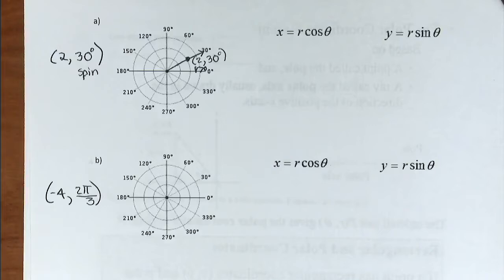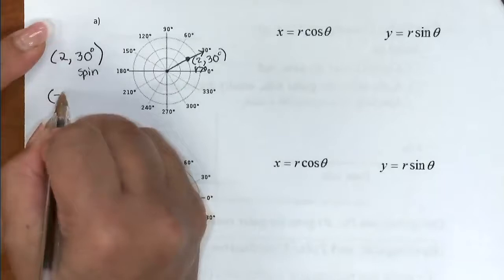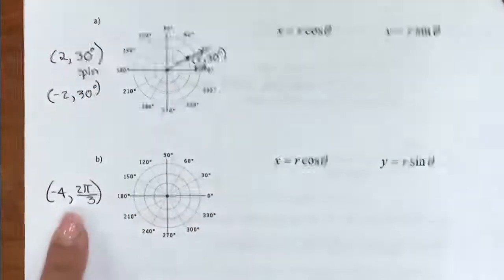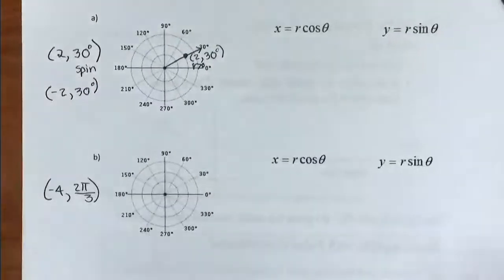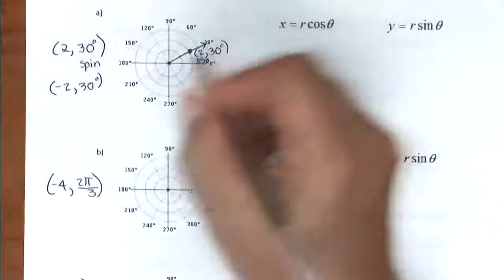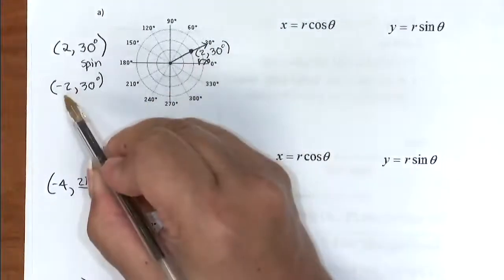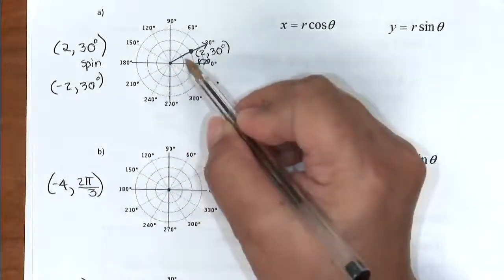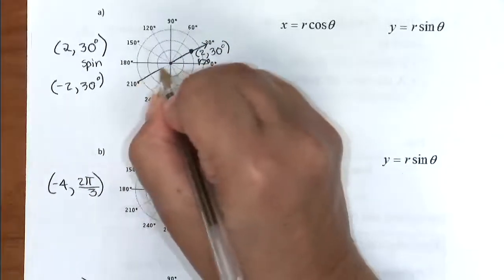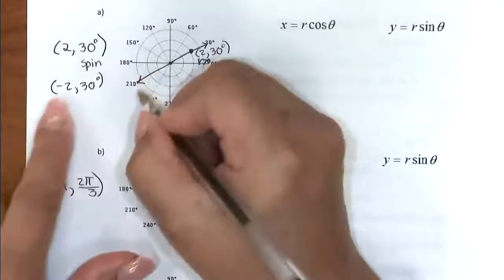Well, let's say the 2 had been negative, if I had given you this, like what I'm about to give you right now, where the first one's negative. All you do is go like this. You pretend as though this is positive and imagine that you would move out that way, but then you trace the arm in the opposite direction. That is what a negative out here means.